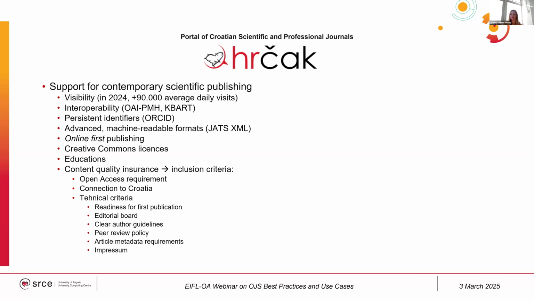Additionally, Hrčak provides support for persistent identifiers, such as DOI, of course, and ORCIDs. And it also provides support for modern publishing formats, such as JATS XML, which then improves discoverability and structured representation of the content of the articles.